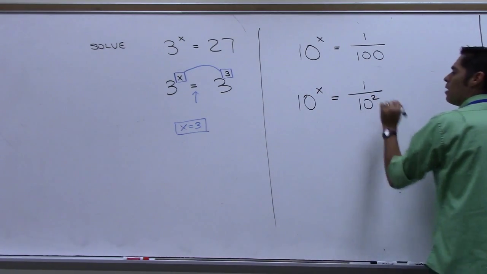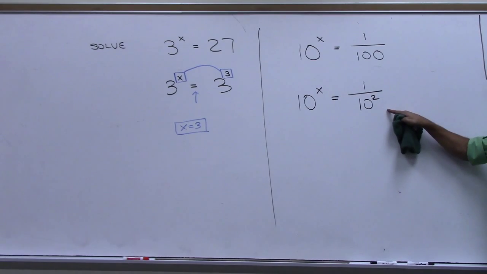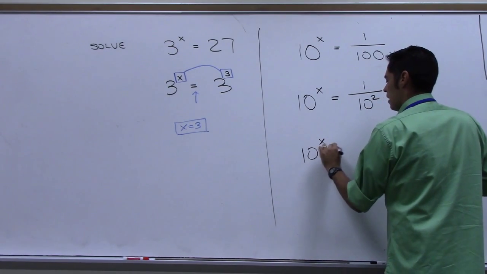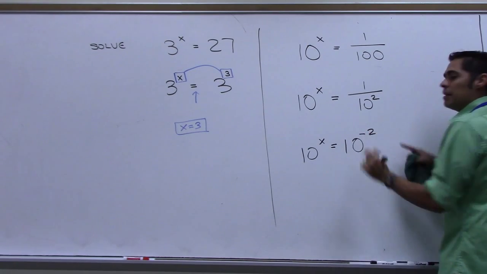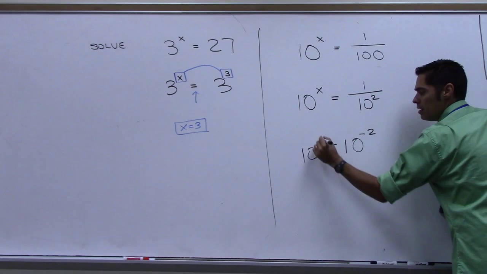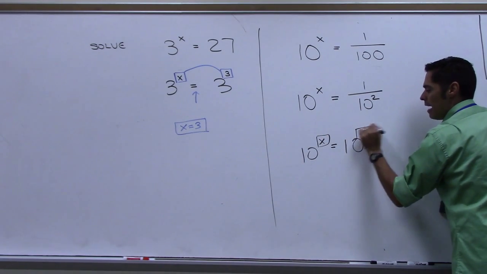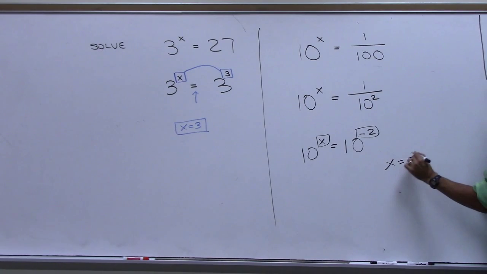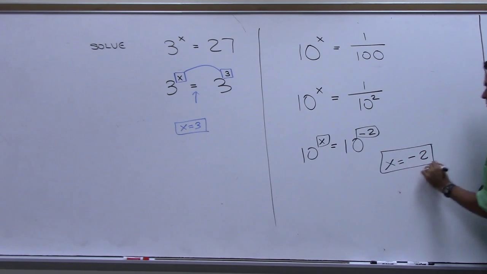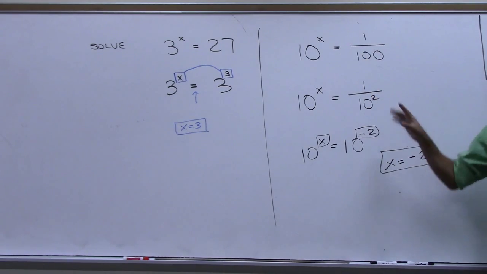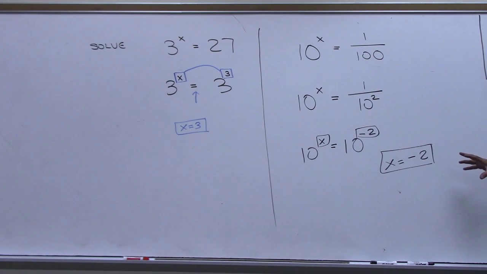This is 1 over 10 squared. It's 1 over 100. But 1 over 10 to the 2 is 10 to the negative 2, moving it up as a negative exponent. Now they have the same base, which means these exponents have to match, so your answer would be negative 2. So negative 2 is a solution to this equation. Do y'all see how this is working? Are there any questions?